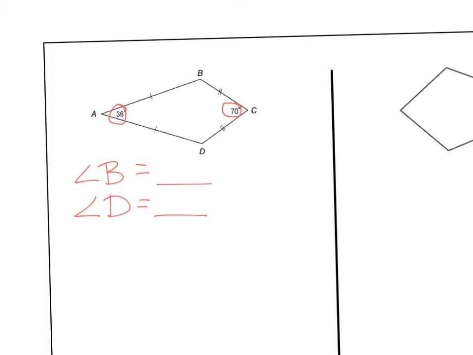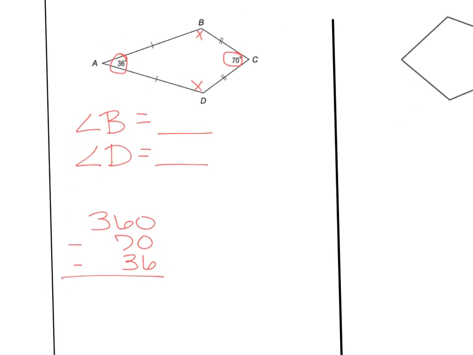So I know that's not my opposite pair of congruent angles. So these ones have to be congruent to each other. So what I'm going to do is I'm going to take the 360, because we know there's always 360 degrees in a quadrilateral, and I'm going to subtract that 70, and I'm going to subtract the 36 and see what I end up with. And that leaves me with 254 degrees to split evenly between angles B and D.